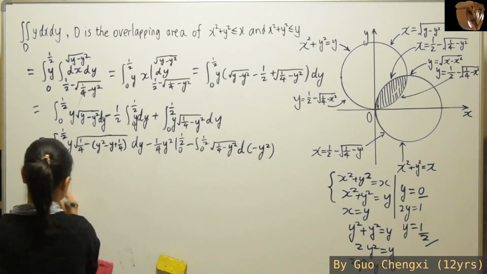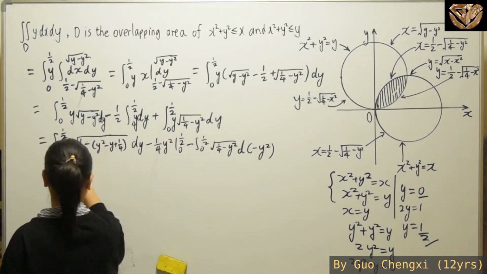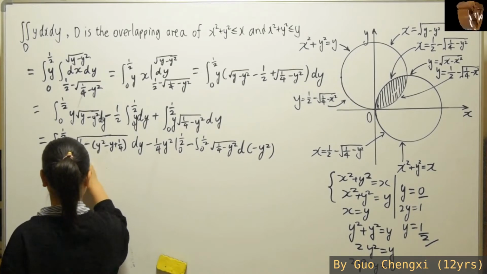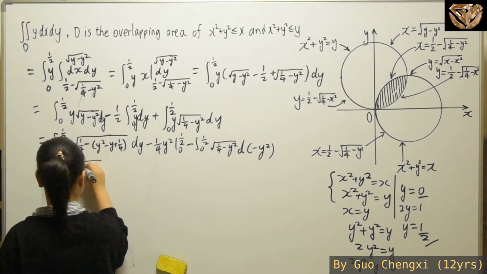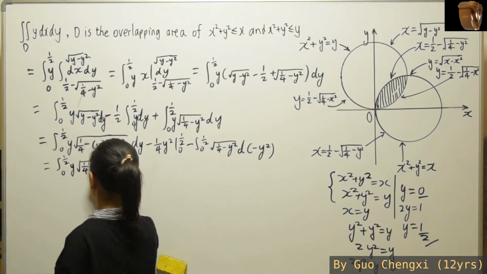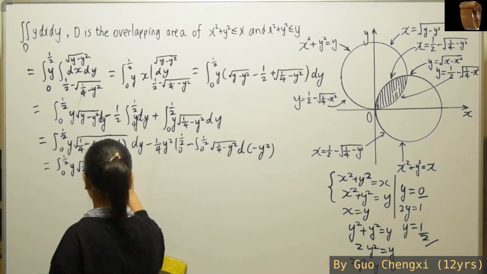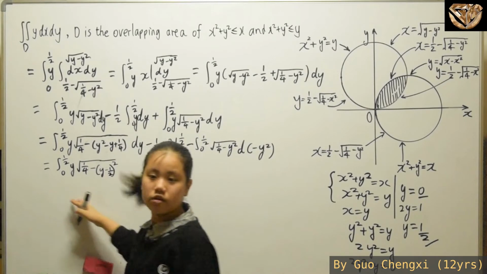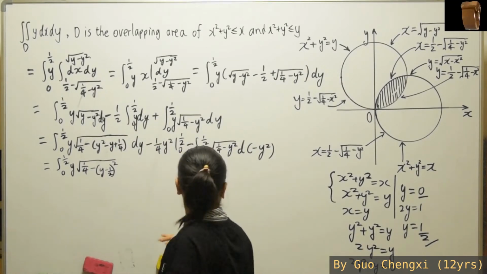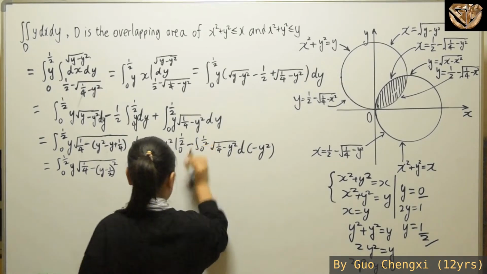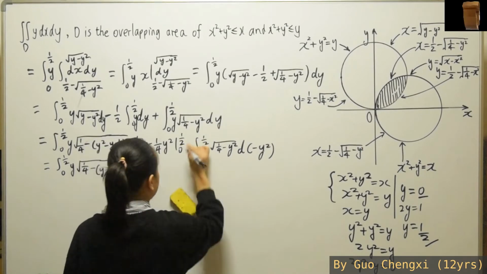Okay, so for this part, what we're going to have here will be like this. Well, for this part you have a half in front because of the integration.